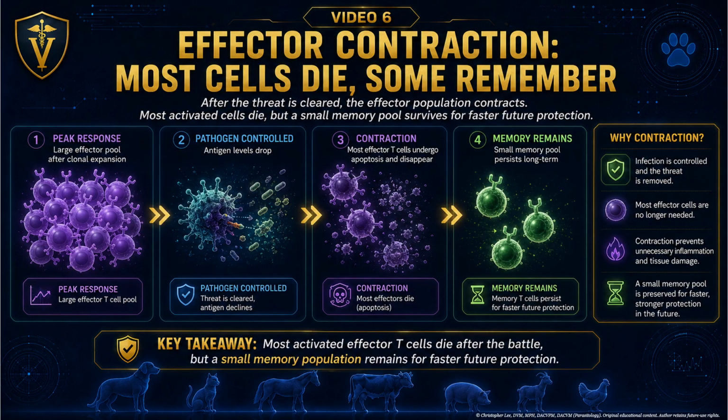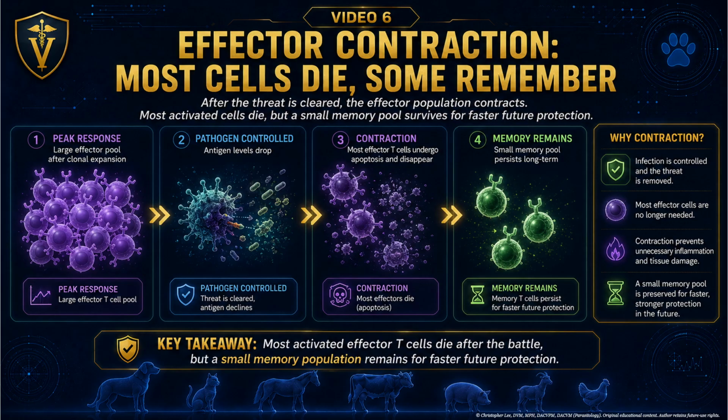After the threat is controlled, the immune system does not need to keep the entire effector army forever. That would be wasteful, and it could increase the risk of ongoing inflammation or tissue damage. So the response contracts. Most activated effector cells undergo apoptosis after the battle is won. This is normal. This is not immune failure, it's immune cleanup.